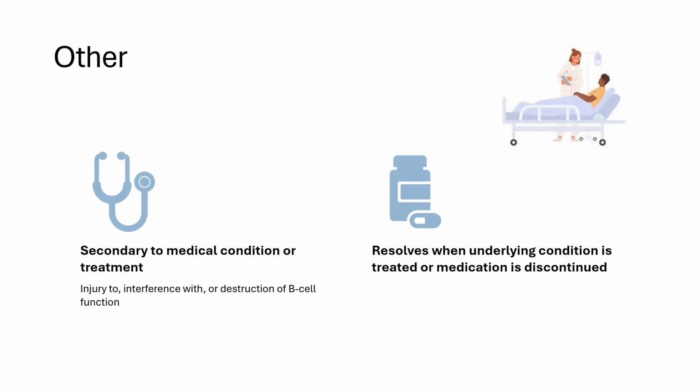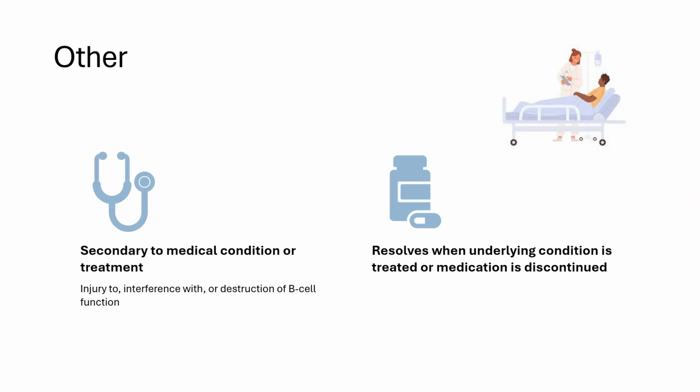Some other types of diabetes can be secondary to a medical condition or treatment. Some conditions would be Cushing's disease, hyperthyroidism, and pancreatitis. These are conditions that can cause it. Medications include corticosteroids, thiazides, Dilantin, and antipsychotic medications.